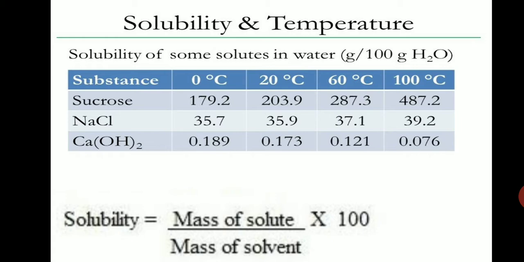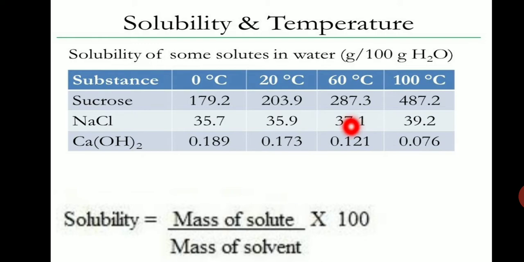Some of the substances I have written here. Sucrose, that is sugar, can be dissolved in 0 degrees Celsius is 179.2 gram. But in 20 degrees Celsius, I can dissolve in the same quantity of solvent 203.9 gram.